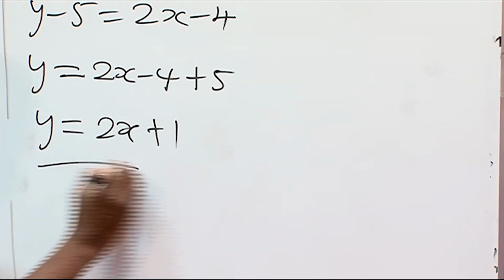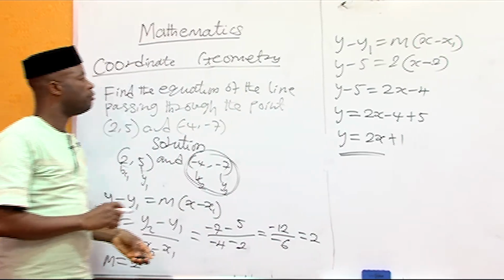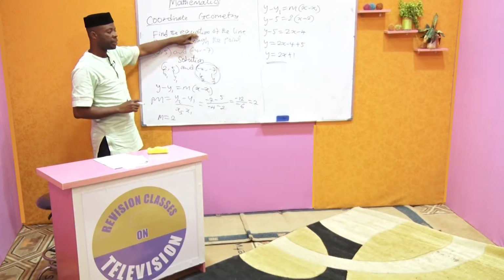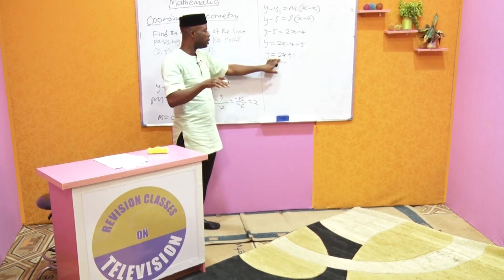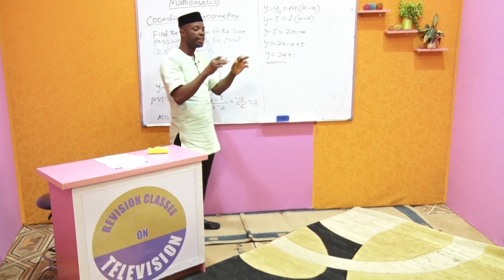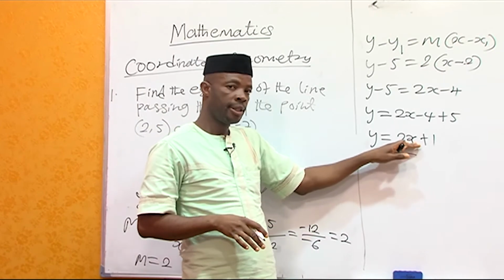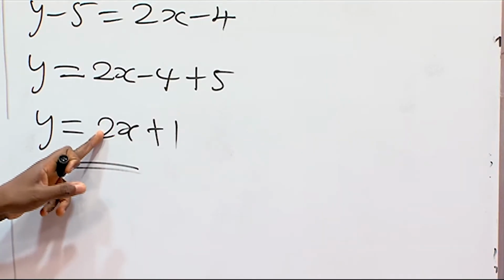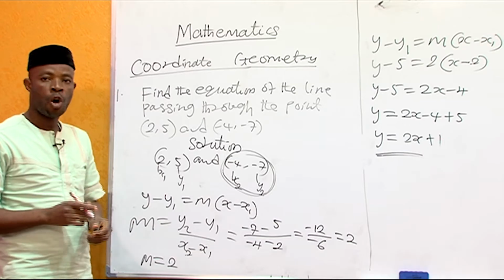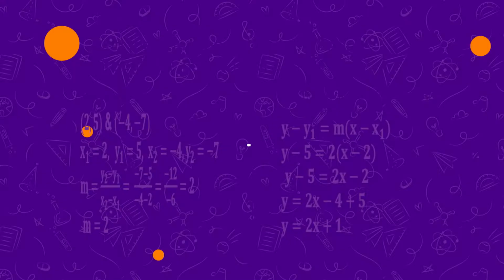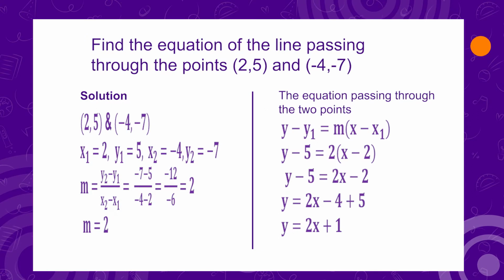So this is the equation of a straight line. If we want to find the gradient from the equation, the gradient is the coefficient of x, and the coefficient of x here is 2, and that's what we have as the gradient, or call it the slope.